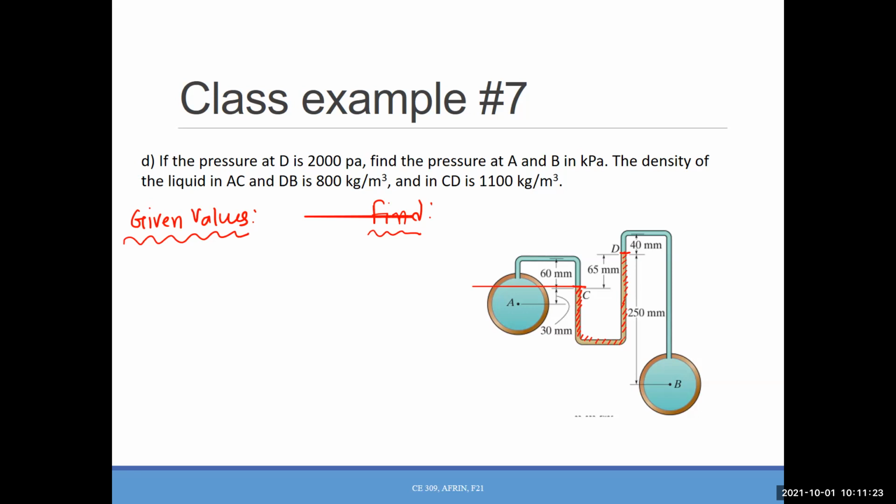Okay. So let's write down what are the given values and then what we need to find out. Help me to write down the given values. What is the very first value we know? Pressure at D is 2 kilopascal, or 2000 pascal. Okay. What else we know?